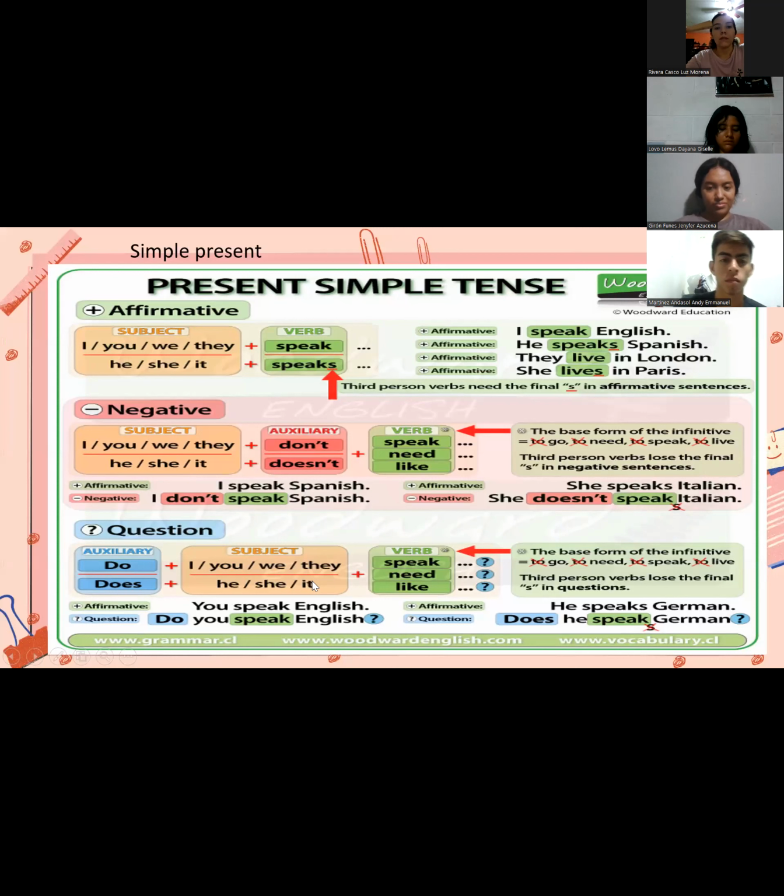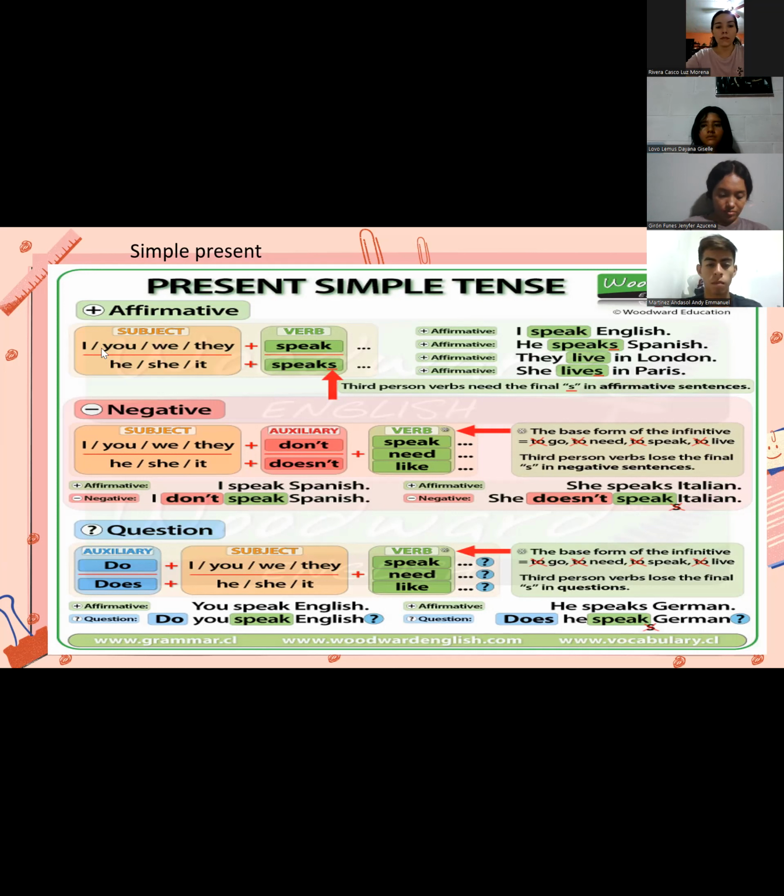And then this is like the complete one. Okay, class, so this is like the complete.